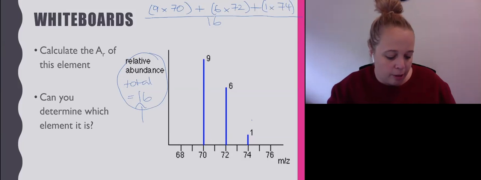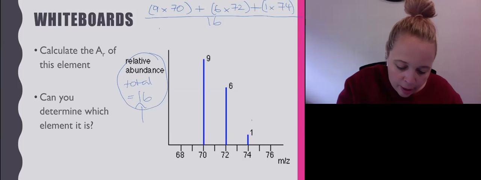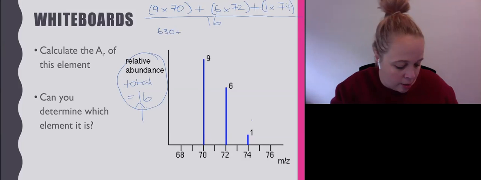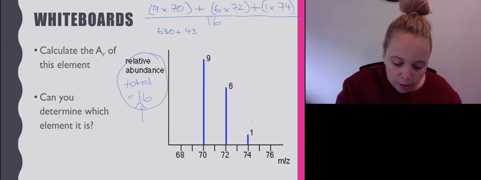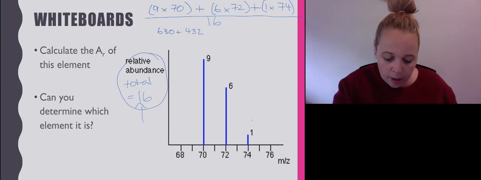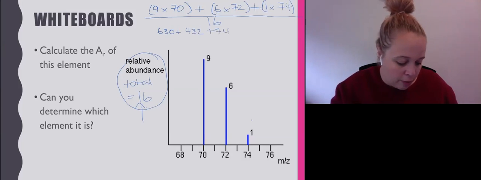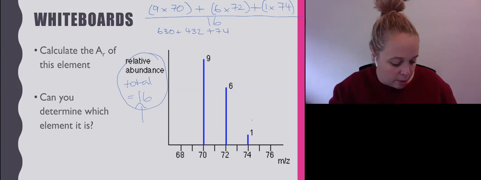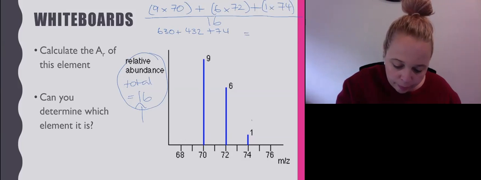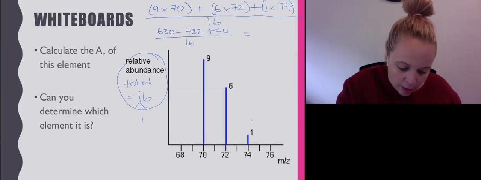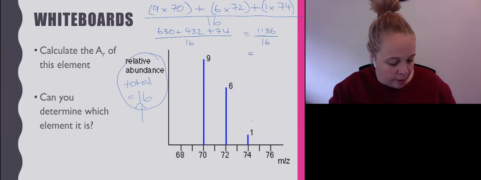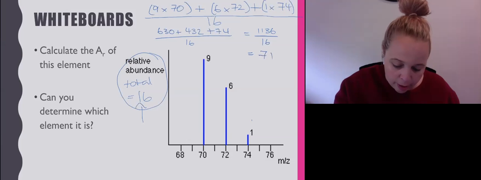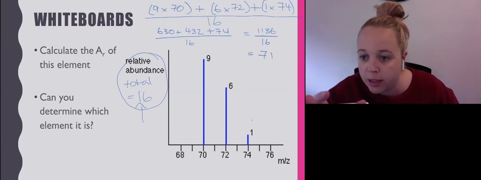So 9 times 70 equals 630, plus 6 times 72 equals 432, plus 74. I'm just going to plug them all in, and all of that's over 16. What we actually get is 1136 divided by 16 equals 71. Okay, so the A_R of this element is 71.